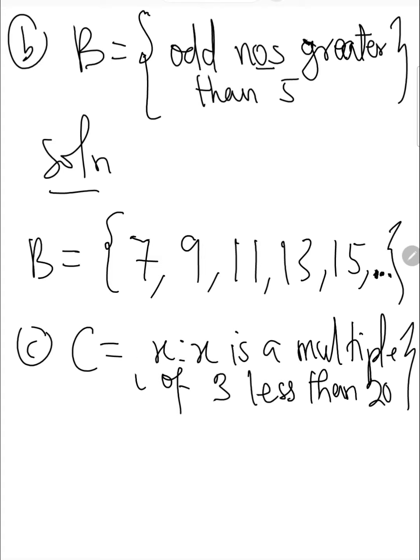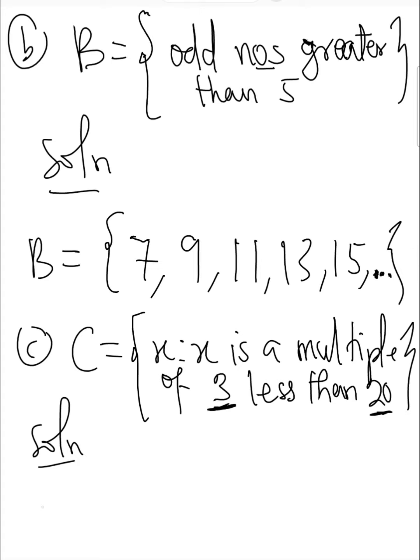Interesting. So this C is equal to X is such that X is a multiple of 3 less than 20. So what it means is that we have to list the multiples of 3 which are also less than 20. That's the meaning. Can you try that?